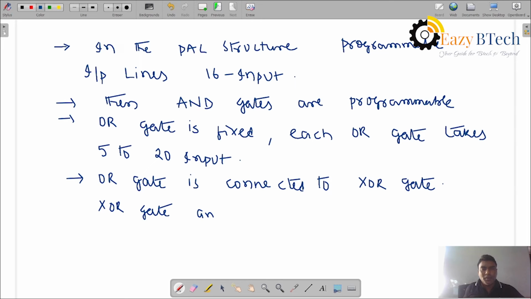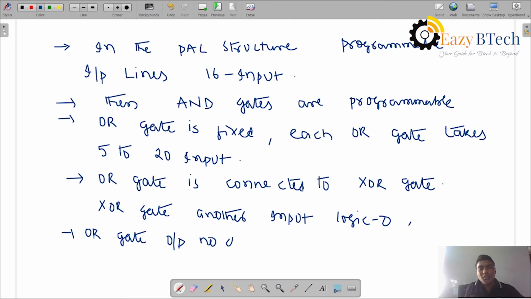One input of the XOR gate is the OR gate output, and the other input is logic 0. So there is no change in the output: the OR gate output is passed as it is through the XOR gate.